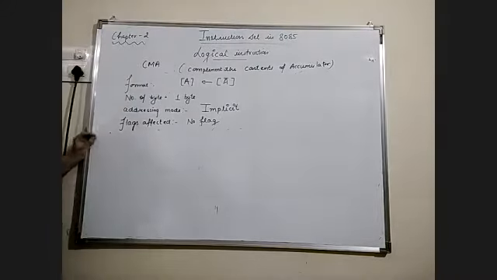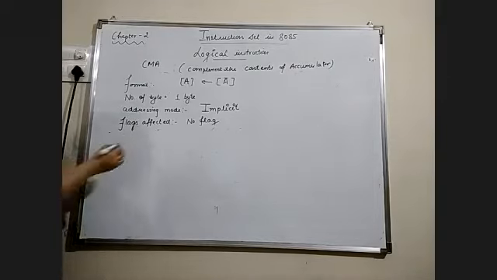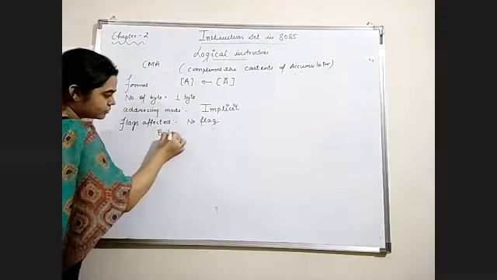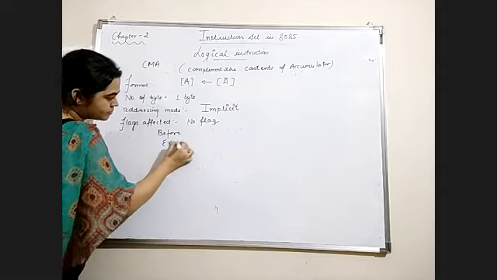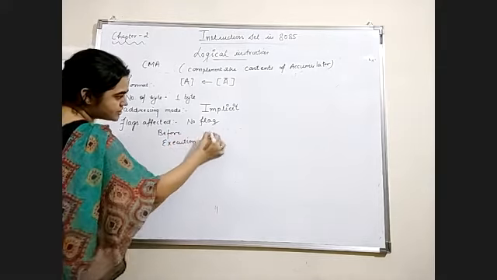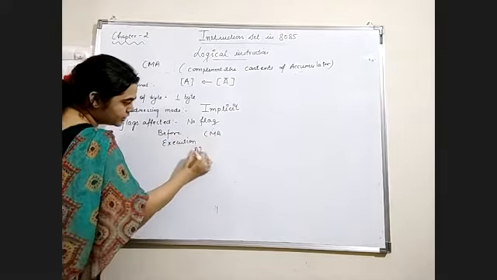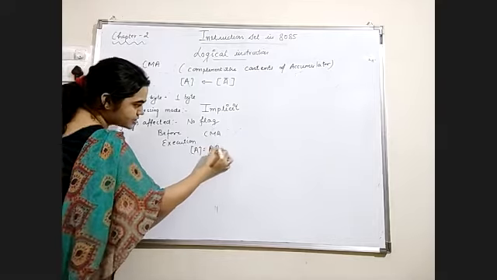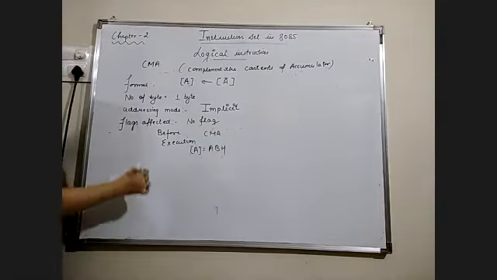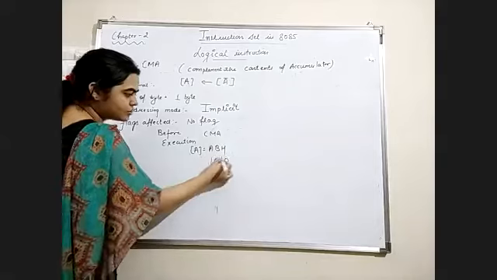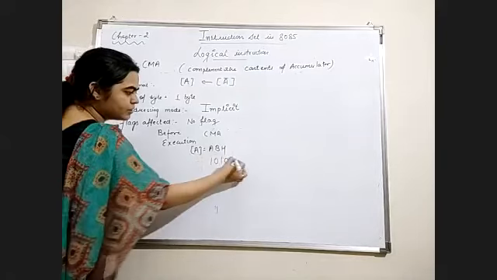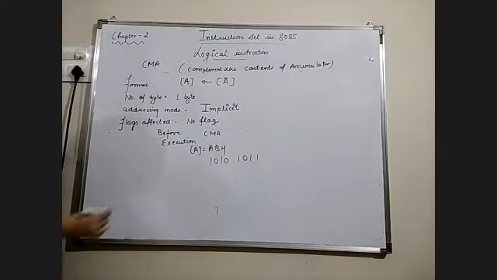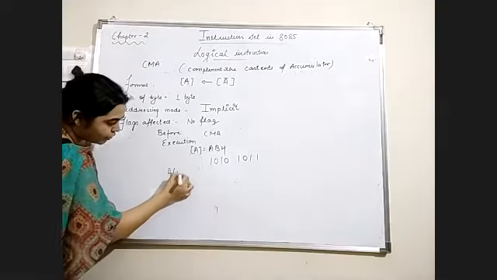Suppose before execution we have the instruction CMA, and in the accumulator we have the contents ABH. ABH means 1010 1011. Now after the execution, what will happen?